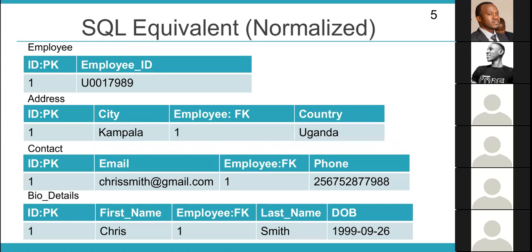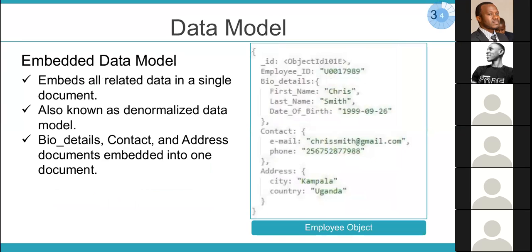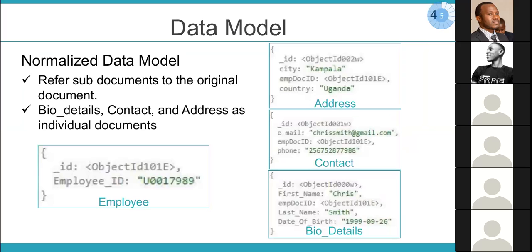So this right here is the SQL equivalent to this document. Here we had an embedded document. Then we have a normalized data model that creates relationships between all the subdocuments and makes them independent.